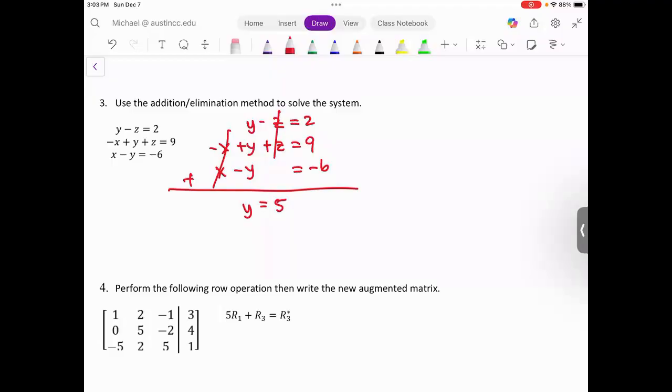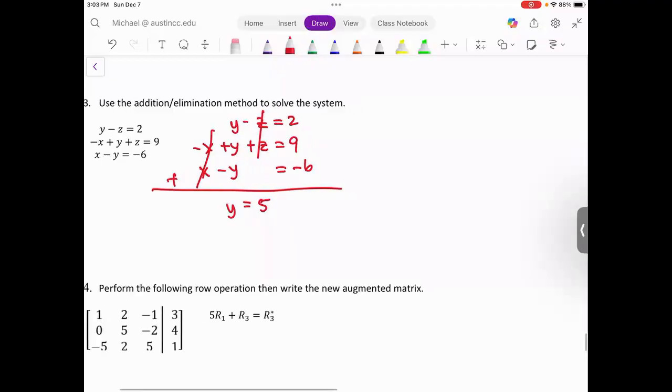Okay. Now we can easily figure out the other two. We have y minus z equals 2. Plug in our value of 5. So 5 minus z equals 2, or minus z equals minus 3, or z equals 3.